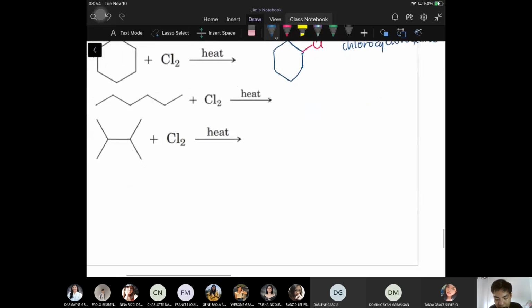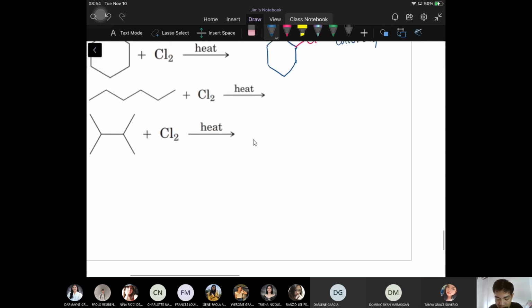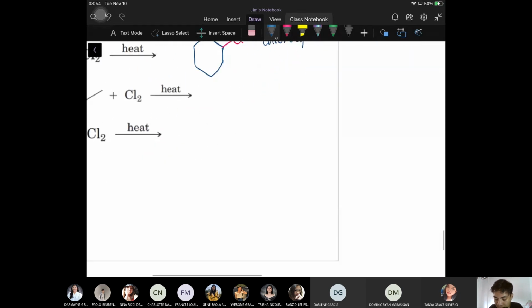Okay, so letter B naman. So maraming possible products sa B. So you have your hexane plus chlorine with heat. So actually tatlo yan na. Okay? So yung isa, pwedeng dulo siya kumabit.